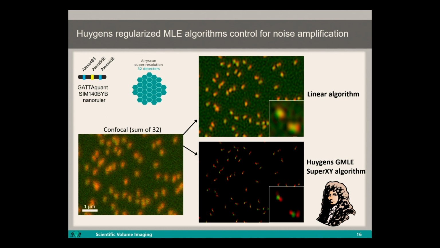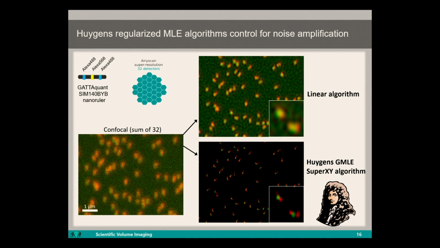So this is due to an incorrect modeling of noise. Also we see slight signs of ringing, which is a potential issue with linear filtering. Due to its advanced regularization and the Huygens iterative GMLE algorithm, we can control the noise levels and at the same time resolve the nanorulers' fluorophores much better.